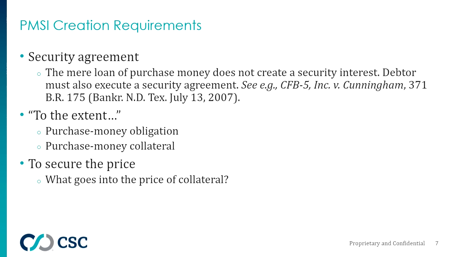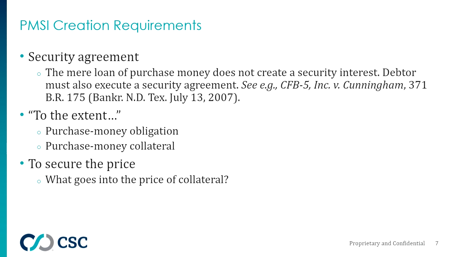But assuming a security agreement is in place that grants a security interest, then the security interest is a purchase money security interest to the extent that it secures a purchase money obligation. In other words, the loan is for purchase money purposes, and to the extent the collateral is purchase money collateral.